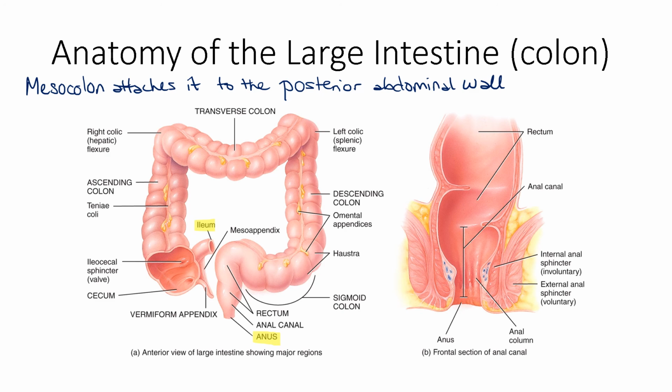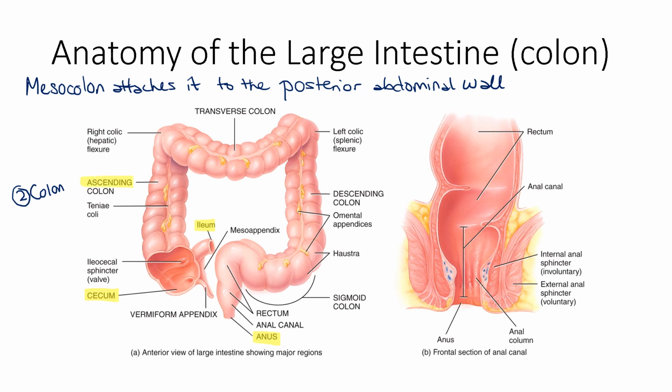Now structurally, the four main regions of the large intestine are the cecum, the colon, which is going to be our second region. The colon itself is going to be broken up into three parts as well.